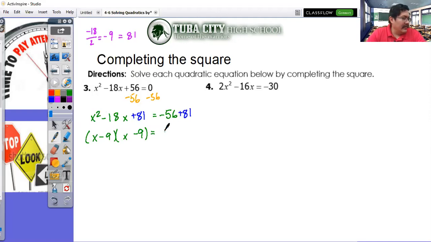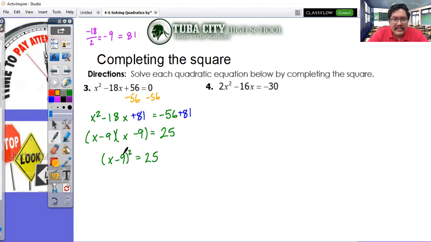And now I am going to need to know what 81 minus 56 is, and that would be 25. Okay, now I'm going to put these together so that we have only one of them. And now that we have the square, we can easily see that we have to undo that square.